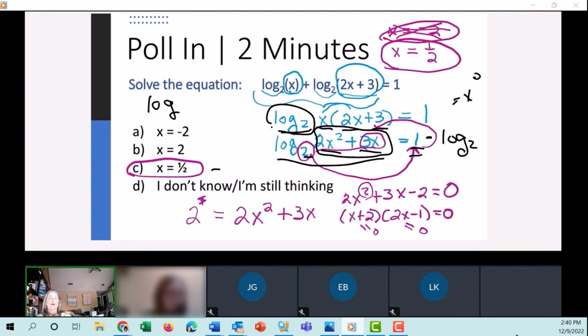How do I write this? Anybody? Are y'all waiting for me to answer? Log base 2 to the 1 equals 0.